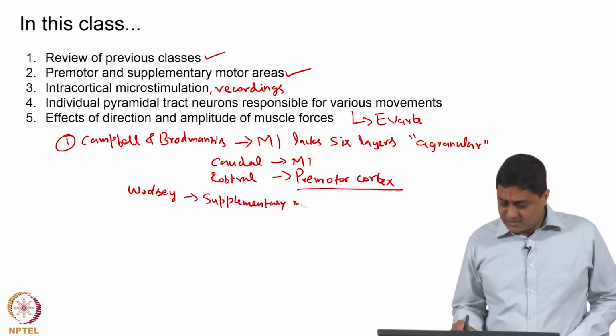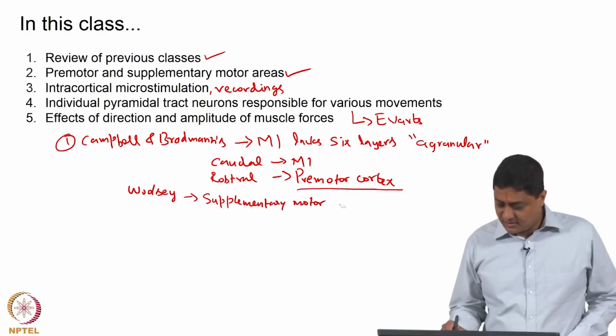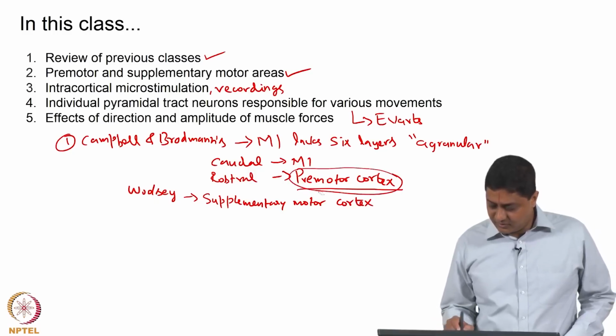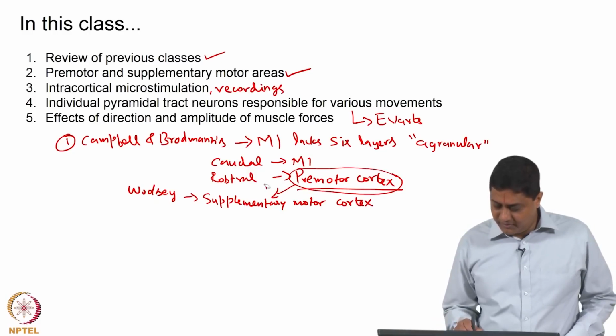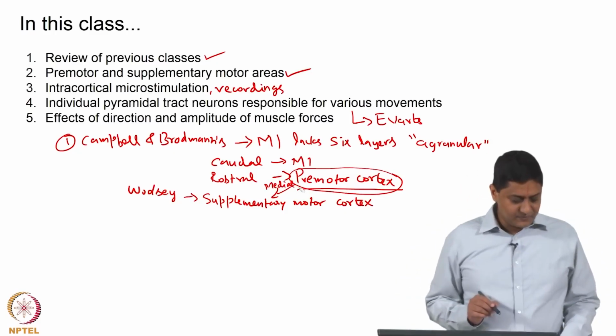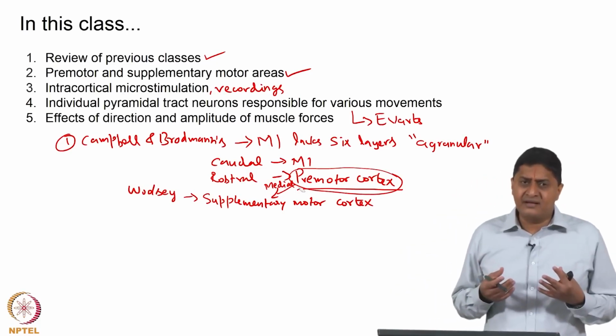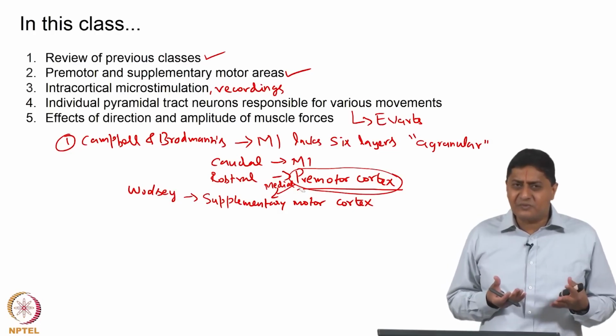So, this is the medial region within the premotor cortex. Within the premotor cortex, the more medial surface is called the supplementary motor cortex. And what he found was that the supplementary motor area had less detailed motor maps.